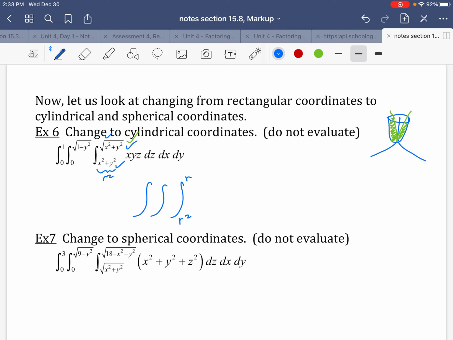Remember that x is worth r cosine theta, y is worth r sine theta, and the z is just allowed to stay z. And remember, we always have to add our own r. And then we put dz, dr, and d theta.